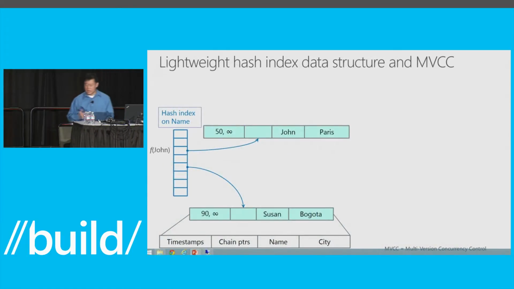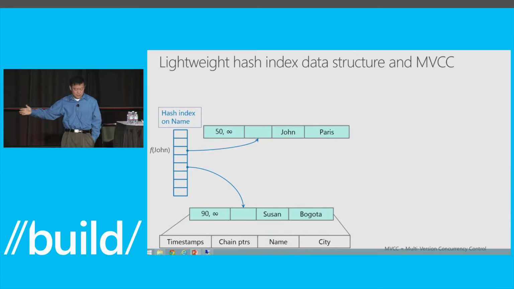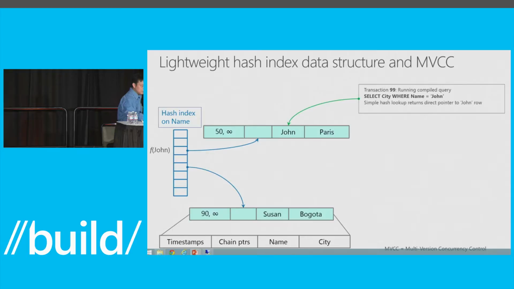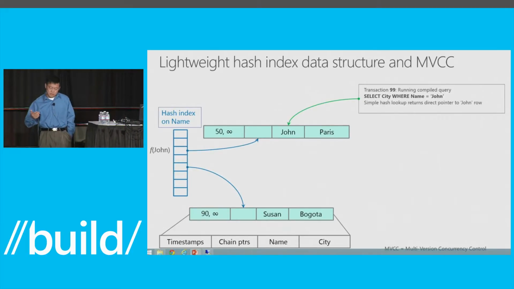So this is a hash index. You can see logically now you have a structure to tie the rows together. And the hash index in this case is on the name. Imagine you have a transaction coming in. MVCC, by the way, means multi-versioned concurrency control. The timestamp determines the visibility of the row, of course, right?